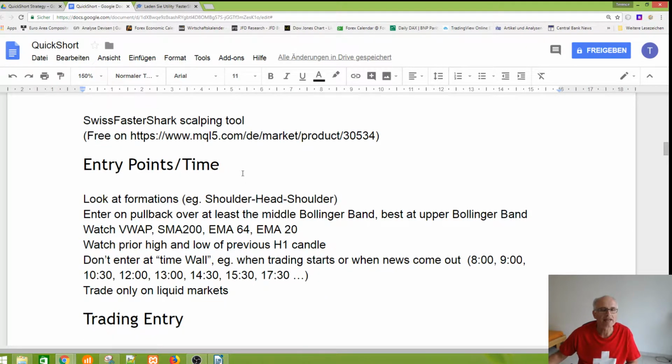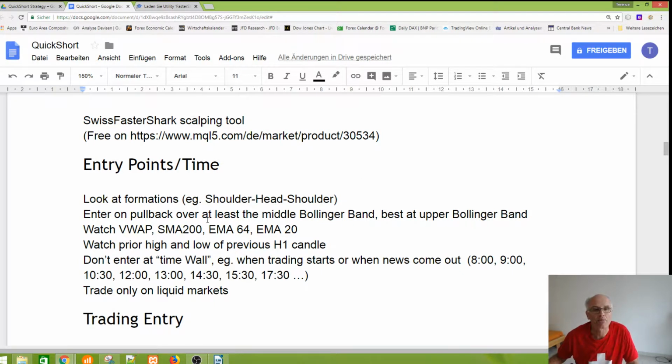Now the entry points and time, you have to look at formations, for example, shoulder, head, shoulder. Such formations make it clear when you can enter.